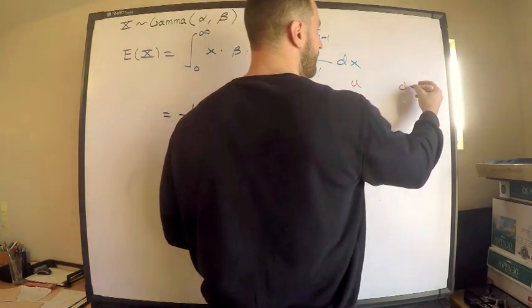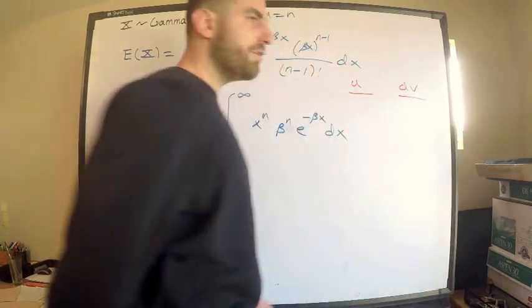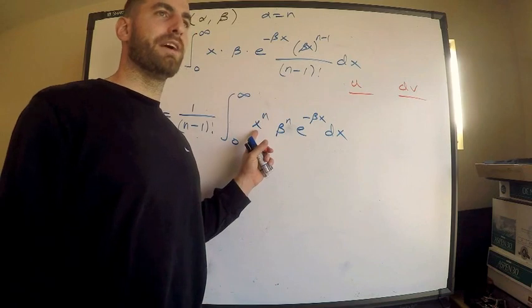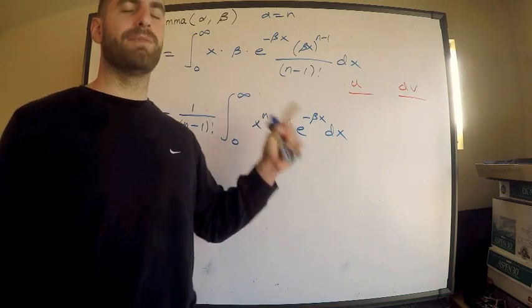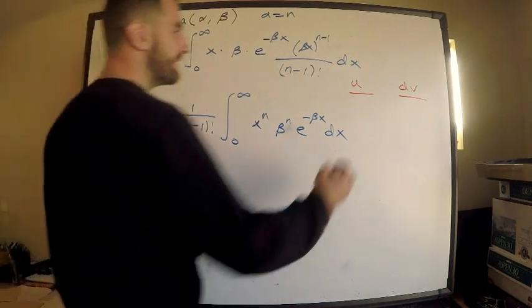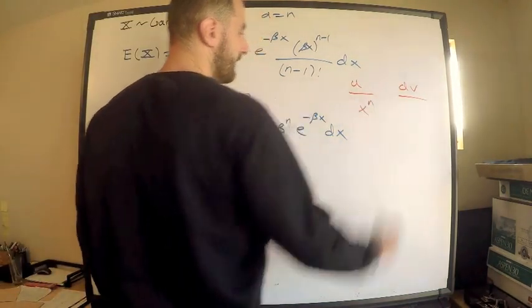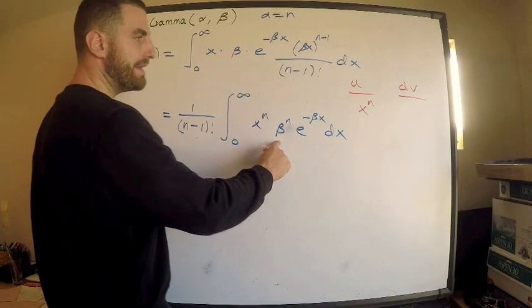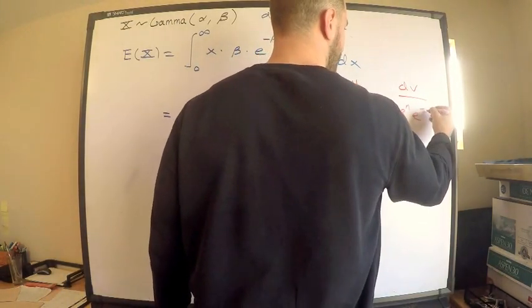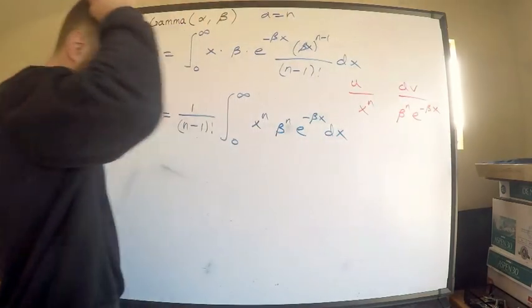As many powers as there are, the degree of this algebraic expression corresponds to how many times I need to do integration by parts. So u is x to the n. dv is this. There's a reason why I kept beta in there, you'll see. So this is beta to the n, e to the negative beta x.